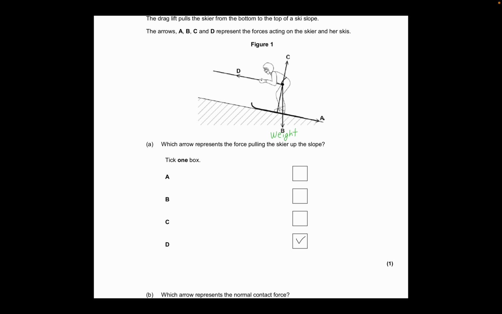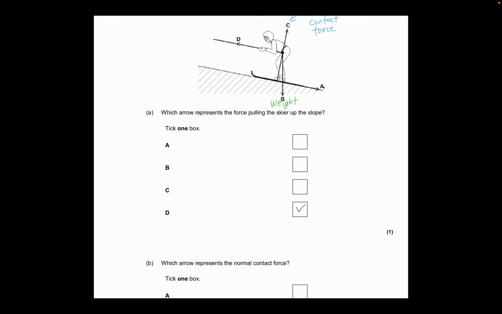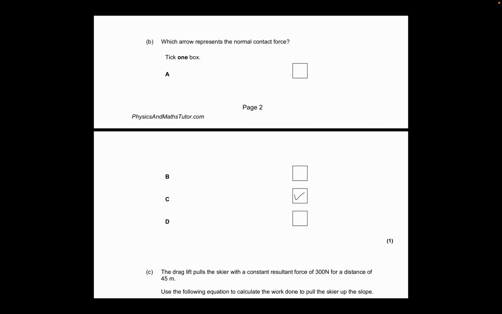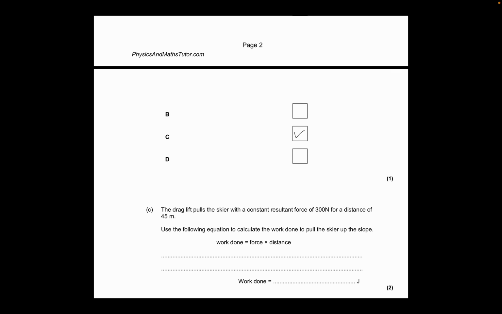The opposite force acting on B would be the force C. This one will be the normal contact force. Remember, normal contact force is considered the opposite force that's acting. So that would be the force C. That's your answer for the second question. Okay, now let's move on to the next one.